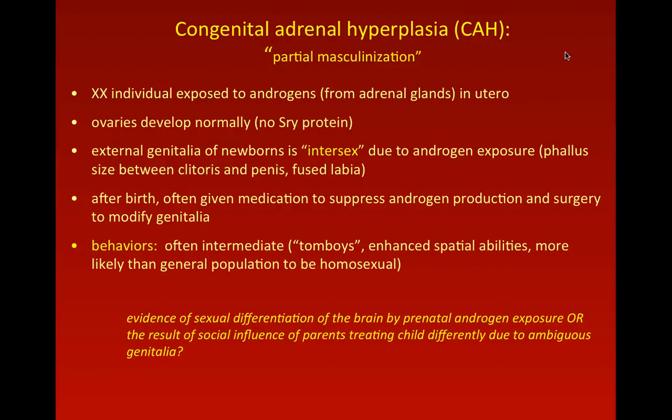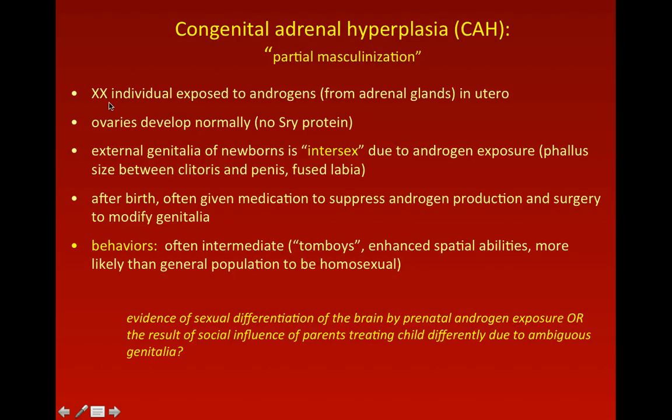Another disorder that has been used as a piece of evidence to suggest that androgens may masculinize the human brain is a condition called congenital adrenal hyperplasia, or CAH. In this condition, females are what are called partially masculinized. So for some reason, you get genetic female embryos that get exposed to high levels of androgens in utero, often from their mother's adrenal glands hypersecreting them.